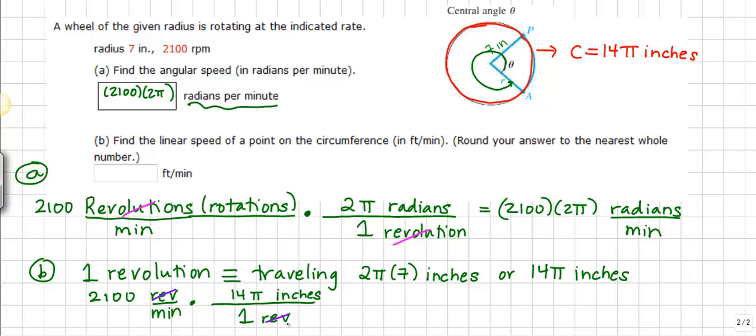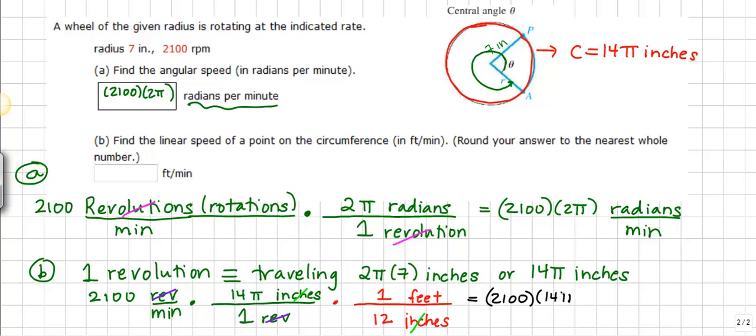That's linear speed. But the question asks you to go one step further and write this in feet per minute. So now we would want inches to cancel. We want to be left with feet. We're going to keep our minutes, and we know that there are 12 inches in 1 foot. Now our inches cancel, and our total calculation is 2100.